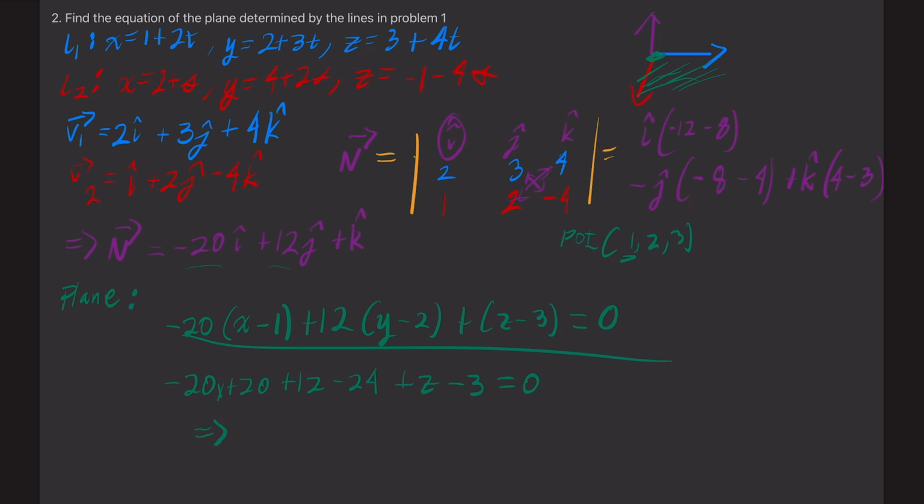Therefore, negative 20x, that should be a y too. Negative 20x plus 12y plus z. And then these constants simplify down to minus 7 equals 0. So our plane is defined by the equation negative 20x plus 12y plus z equals 7.